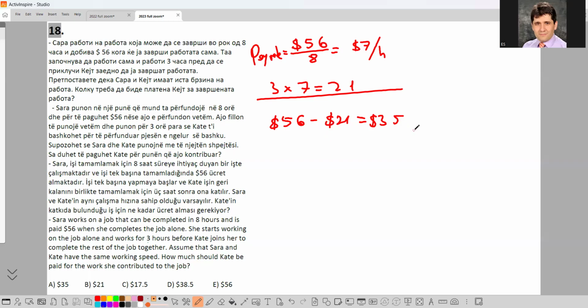So this is the amount of money that they should both get. I mean, they should share it. Now, if it's shared by both, because they are working at the same rate, it should be divided by 2, which makes it 17.5. C.